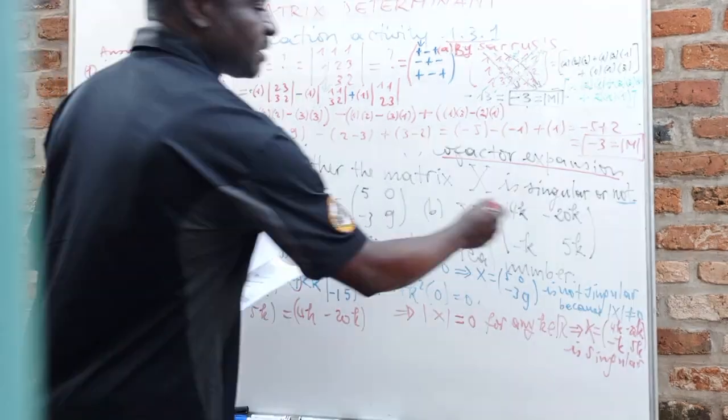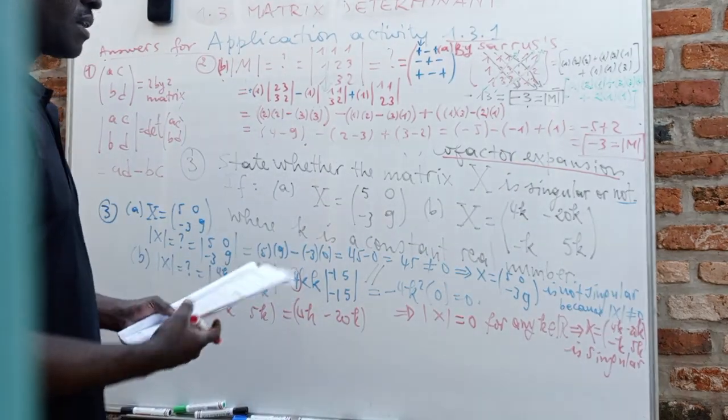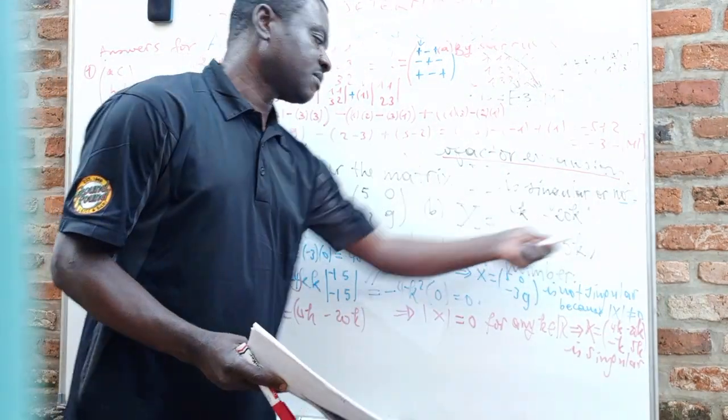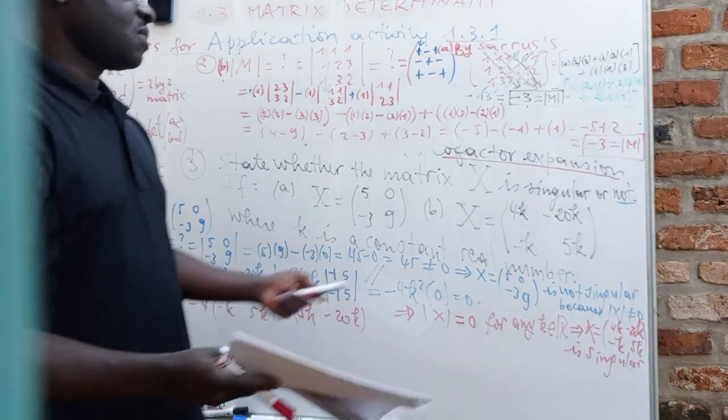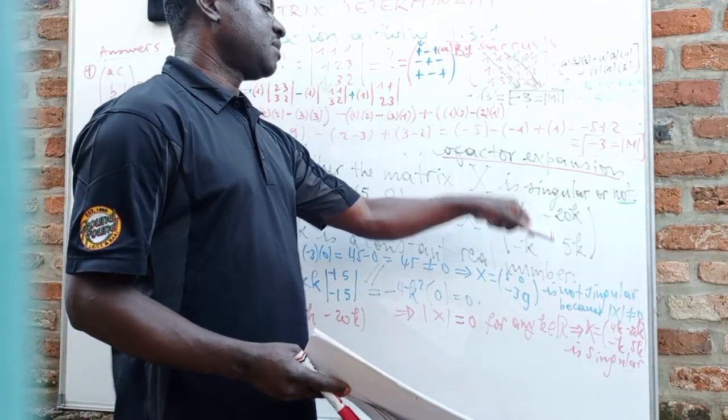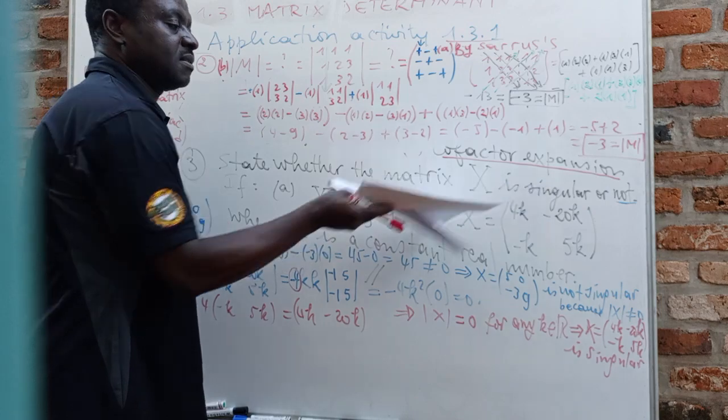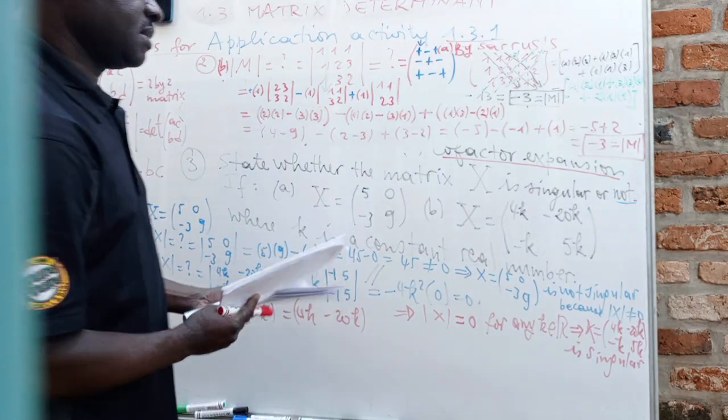One depends on the other. If we fix the second row, the first will be its multiple, so the rows are dependent.